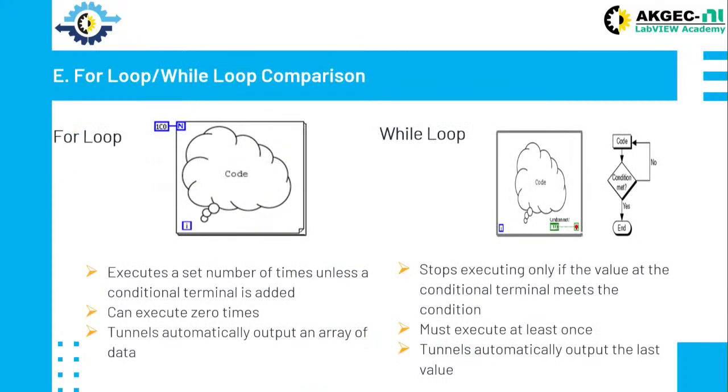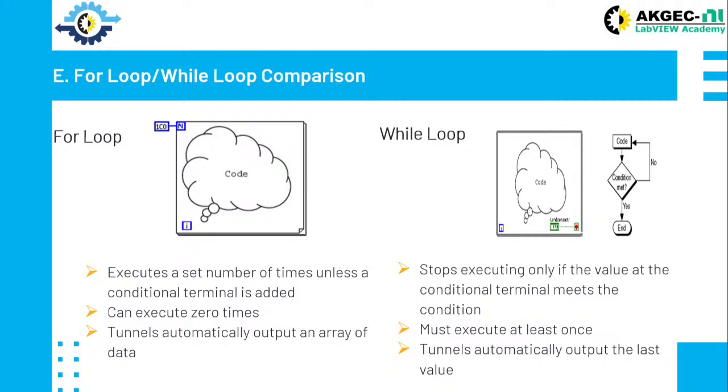If we compare the for loop and while loop, the for loop will be executed a set number of times unless a conditional terminal is added. If we add a conditional terminal in the for loop, then we can stop it in between the execution. Like if I have selected 10 iterations and add a conditional terminal, I can stop my execution in between.